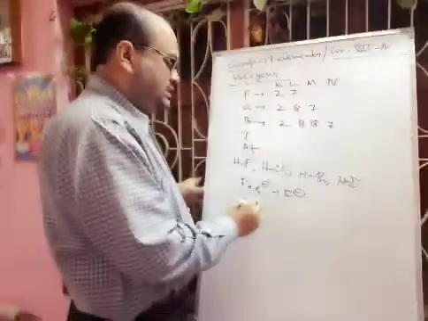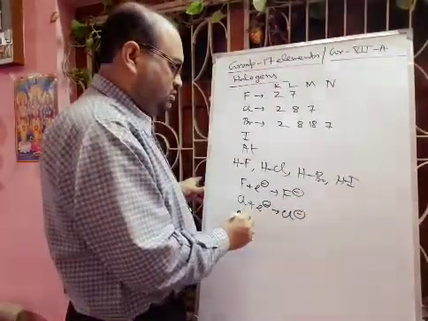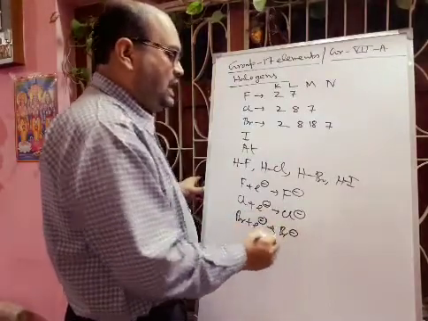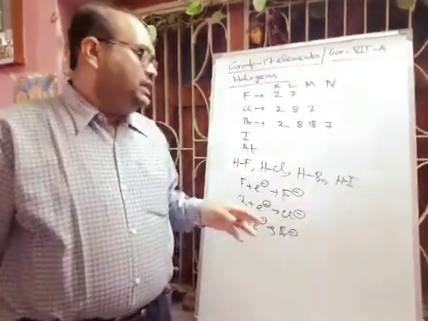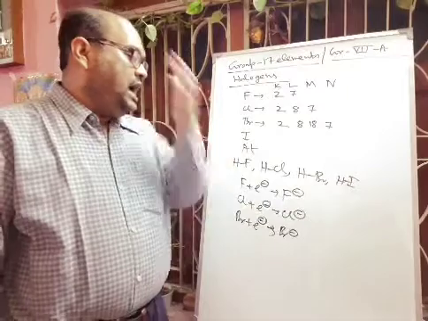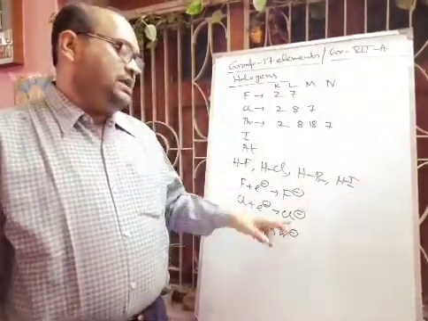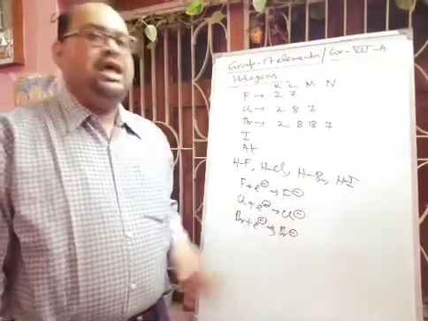In a similar way, chlorine will accept one electron forming Cl minus, and bromine will also accept one electron forming Br minus. So these are called halides: fluoride, chloride, bromide, iodide. In this way they accept one electron and get the nearest noble gas structure. In sodium chloride, Cl minus is present. In sodium bromide, Br minus is present. So these are called halides.